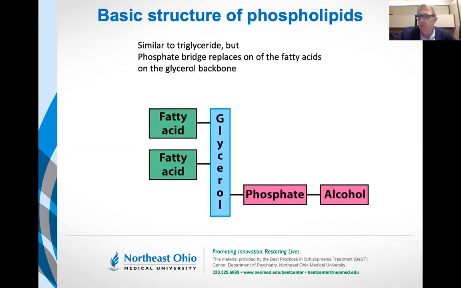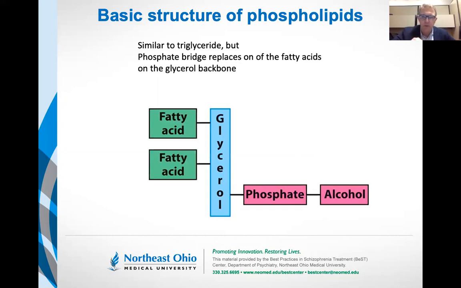And so for review, phospholipid structure is like this. You see on the left two fatty acid molecules, and the body can insert whatever it needs or whatever it can find. So whether it's a 16 carbon or a 24 carbon or whatever fatty acid, they can go into those first two positions on the glycerol backbone.